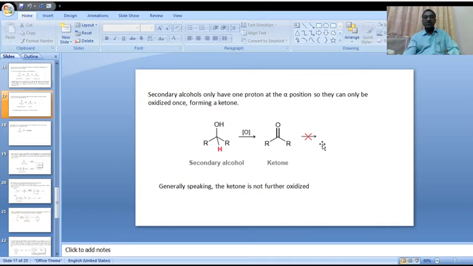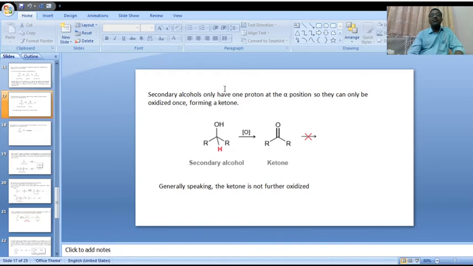The second step is not possible because there are no protons on this carbonyl carbon. There are no protons available on that particular carbonyl carbon. Is it clear? The reaction proceeds based on the protons on the alpha carbon. Generally speaking, the ketone is not further oxidized.